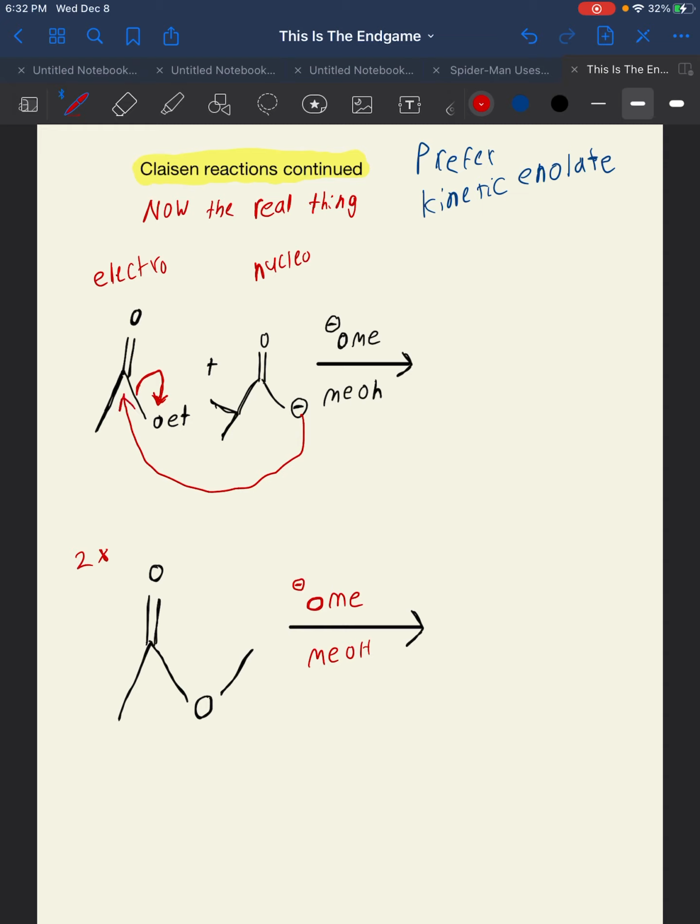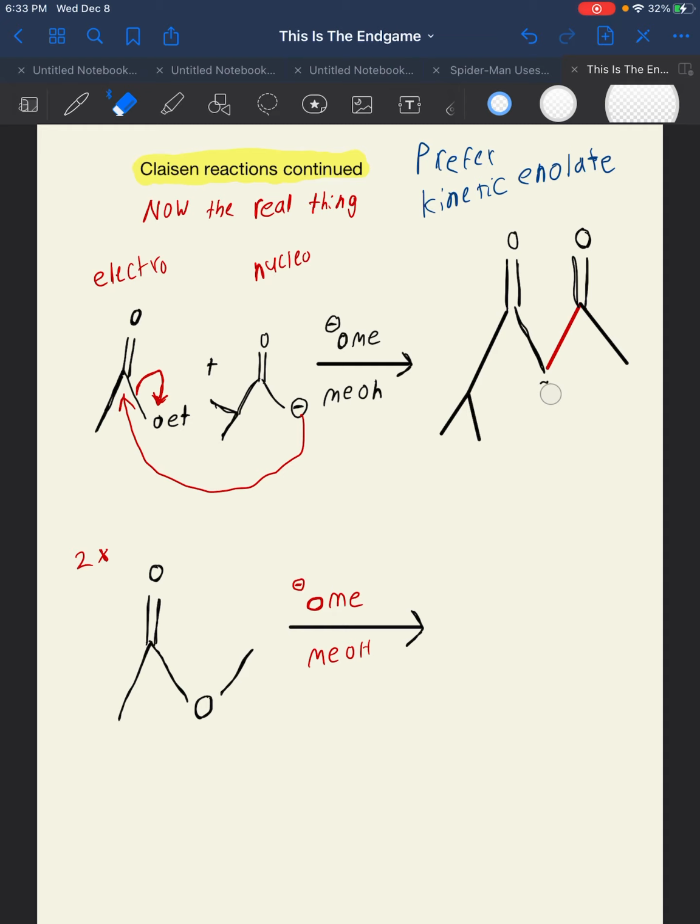This can come in and attack, giving you a product that looks like this right here. New bond in red. Looks like that. And then of course, it usually would have a negative charge right there. However, the ACS does not show this negative charge, so for our case, we're just going to ignore it.